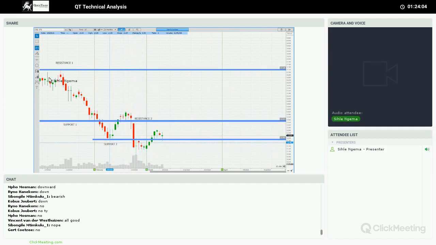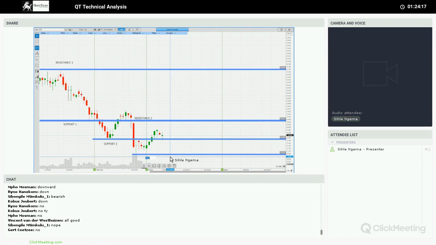Now it went even below support 2. So these particular areas that we have here, that area there, that is our support 3. So in the same month, the share created 2 supports. We have support 3 in the same month of Feb going into March.